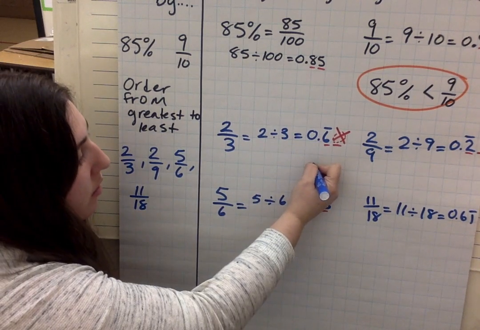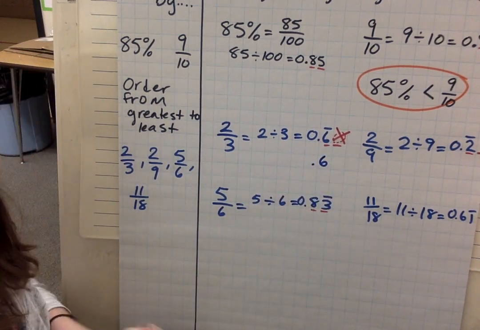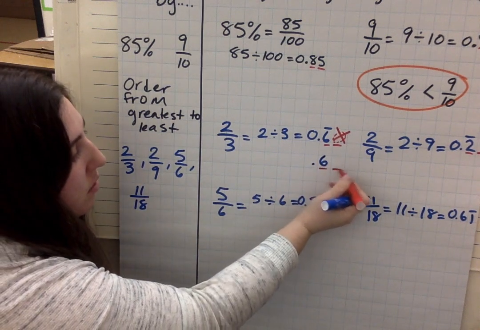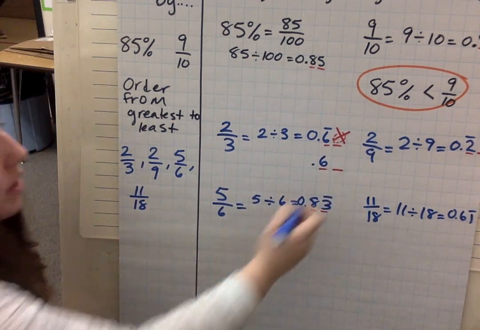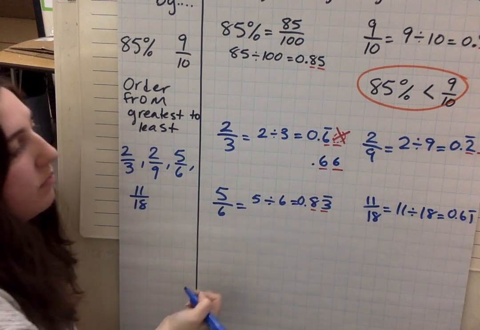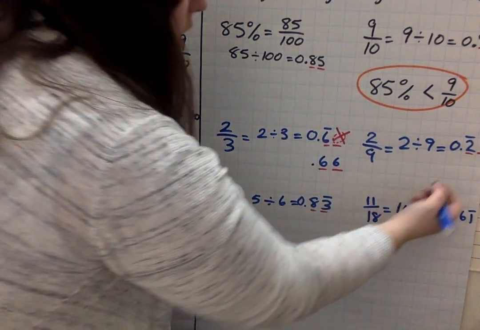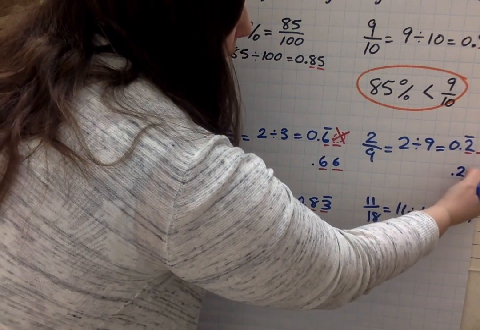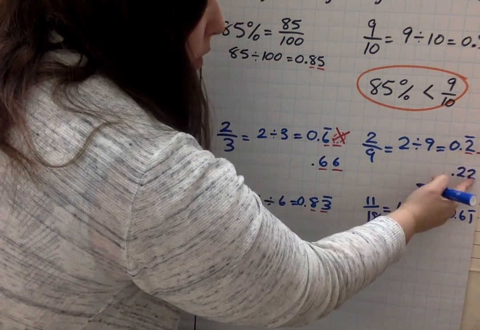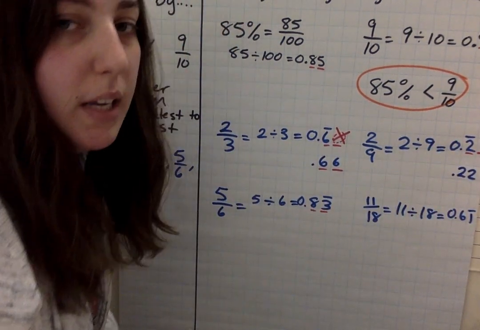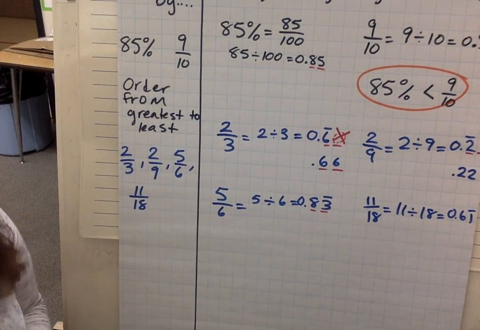So down here, we're going to add a place value. You're going to have another 6 here, okay, because it's repeating. Same thing I'm going to do over here. I'm going to add a 2, and remember, we are adding a 2 because the 2 is repeating. That's what the bar tells us, okay?